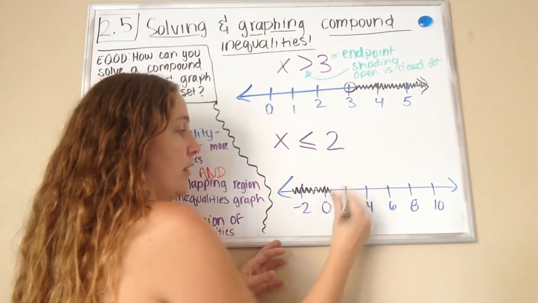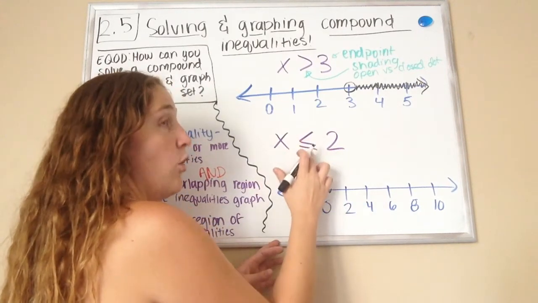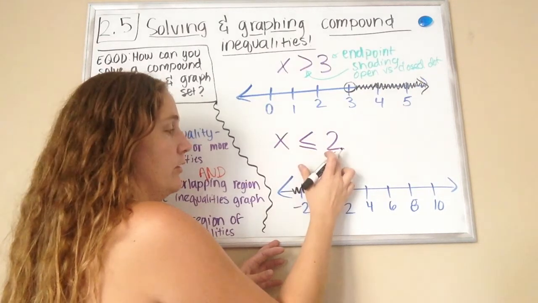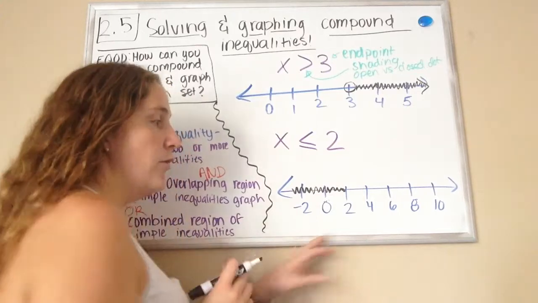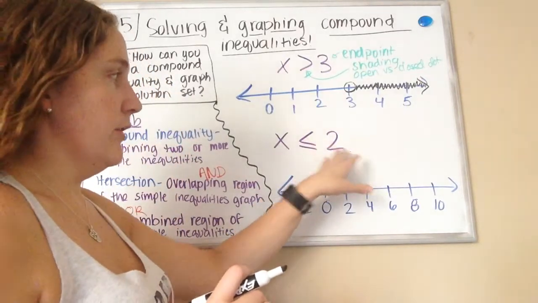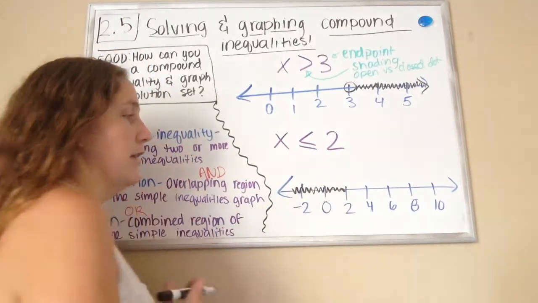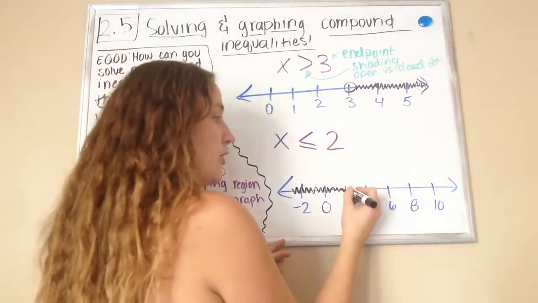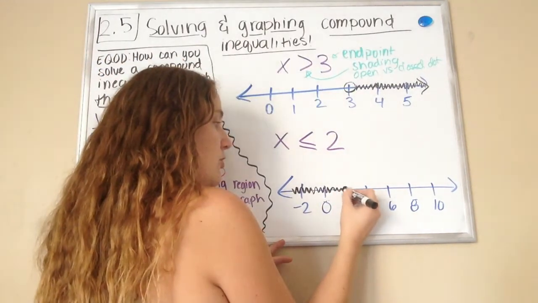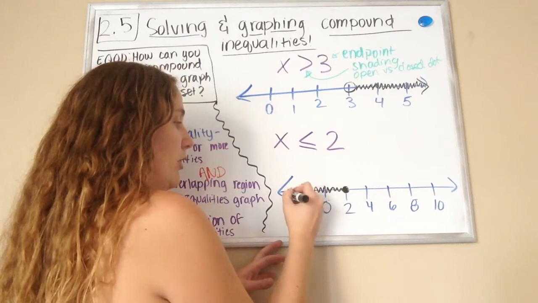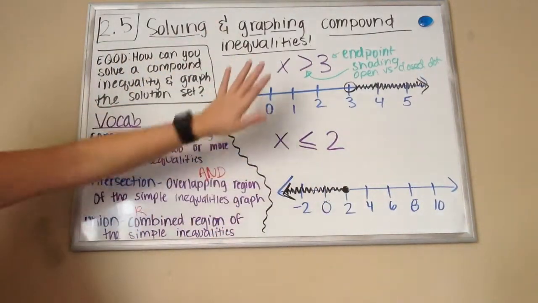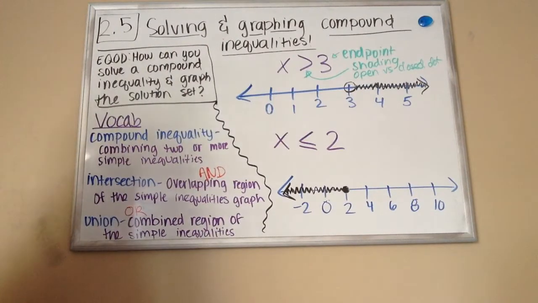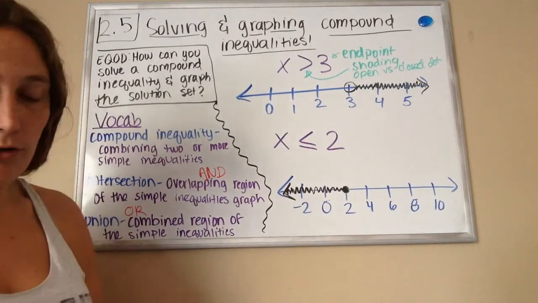That's true. 2 is less than or equal to 2. 2 is equal to 2, so that's true. But then if we get over here, 4 is less than or equal to 2. That's not true, so we can't shade anything on that side. But we did say 2 was true, so we're able to shade that with what we call a closed dot. Okay? So this is actually the graphing of these two simple inequalities, but we've got to make some generalizations.